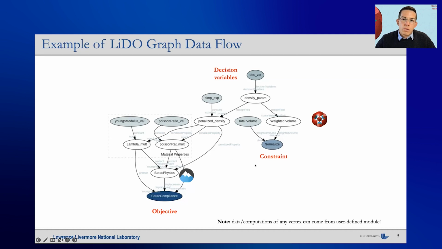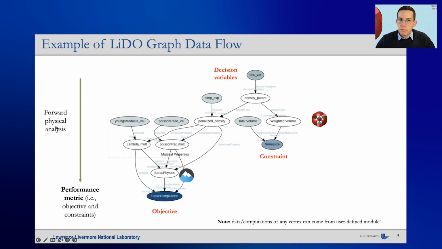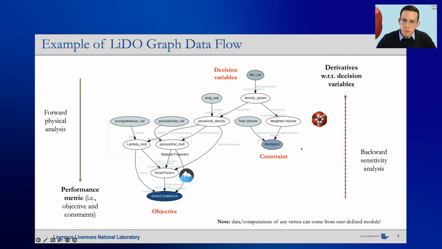So to solve the optimization problem, first we operate forward. We perform the forward physical analysis to compute our performance metrics, to know what we want to optimize, what we care about. And then since here we do gradient-based design optimization, we need to compute the gradients. To do that, we go backwards, meaning that we go from the objective and constraints all the way up to the decision variables. And in this graph implementation, we use a chain rule idea.